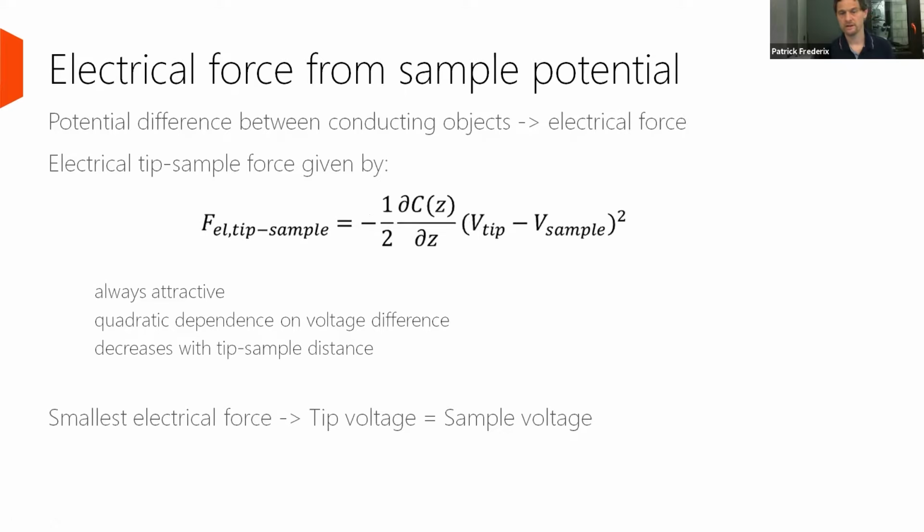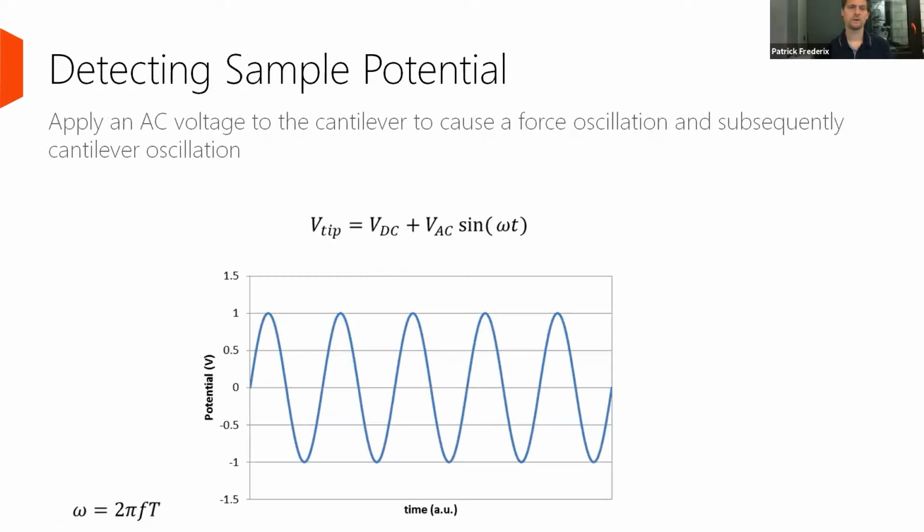How do we measure that? What we do is we don't apply a constant voltage to the tip, but we apply a combination of a constant voltage plus an oscillating AC voltage to the cantilever.